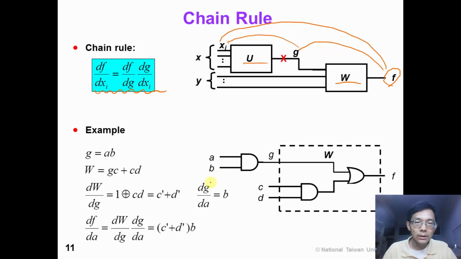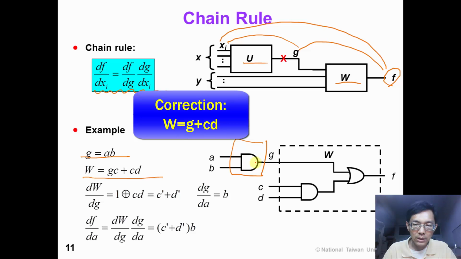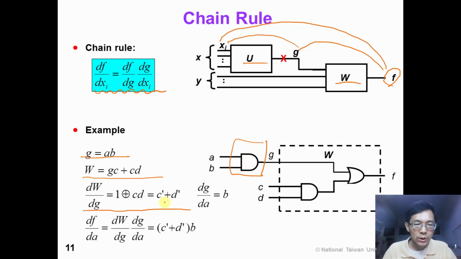Now let's look at an example. Suppose we decompose this circuit into two functions where G is equal to AB and W is equal to GC plus CD. So we can take the Boolean difference dW over dG, which is CD exclusive or 1, equal to C prime plus D prime.